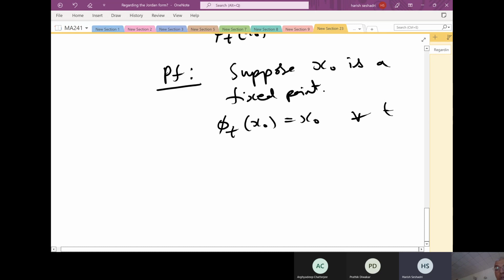Now, what is phi t x naught? By definition, to find out phi t x naught, you just start at x naught, look at the solution starting at x naught, travel along the solution for time t, see where you land up. That's phi t x naught.